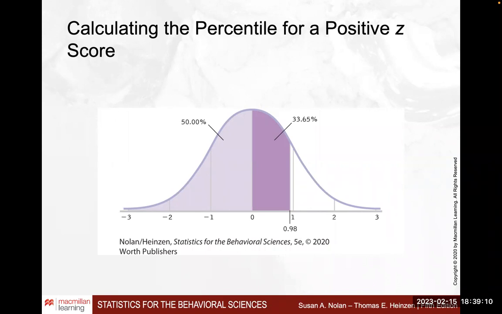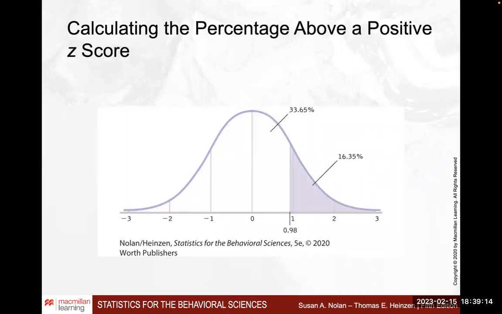So we know now that 83.65% are less than 0.98 of a STAT score. If I want to know what proportion of the population is higher than that, I need to calculate from 100%, because that's the universe under my function. I know now that 83.65% are less than that value.